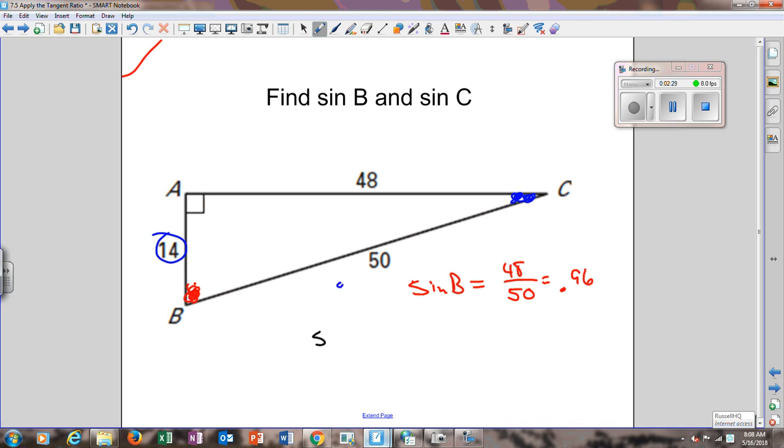So sine of C equals 14 over, and it's over the hypotenuse still, so it's over 50. So 14 over 50 gives you 0.28. That's your sine of C. Done.